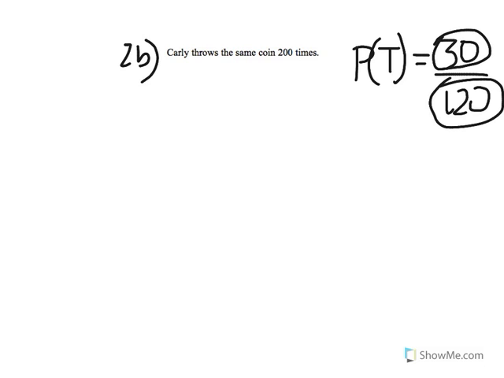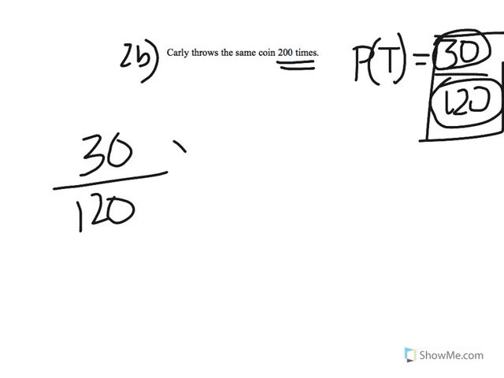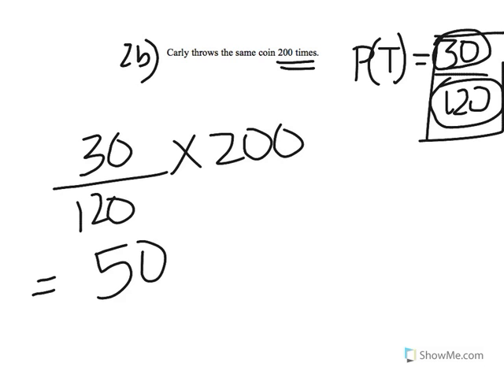Correct? So if we want to find how many tails in 200 times, all we have to do is take this fraction and multiply it by 200. So we're going to get 30 over 120 multiplied by 200. And if you just do your math, that's going to come up to 50 times where the coin shows tails.